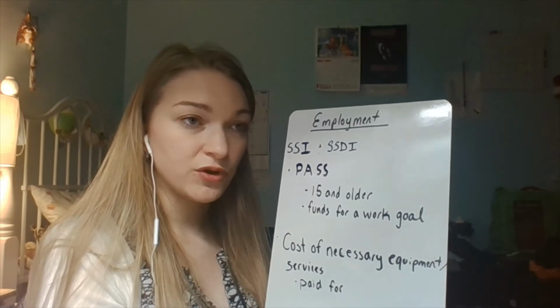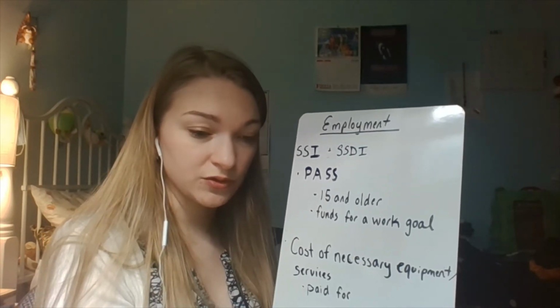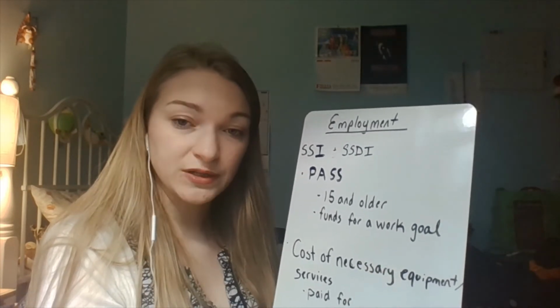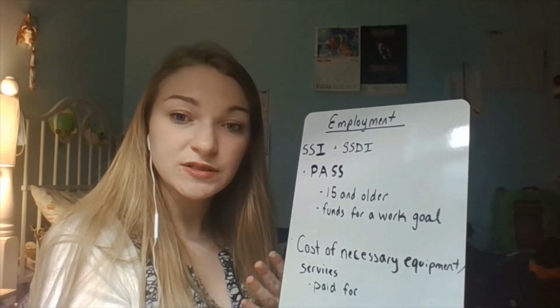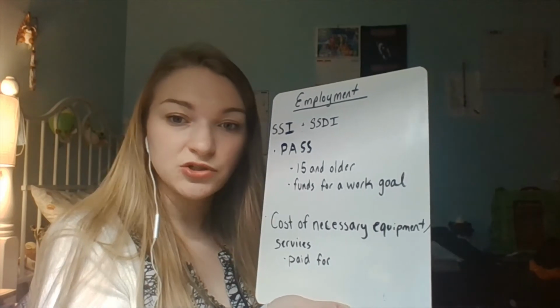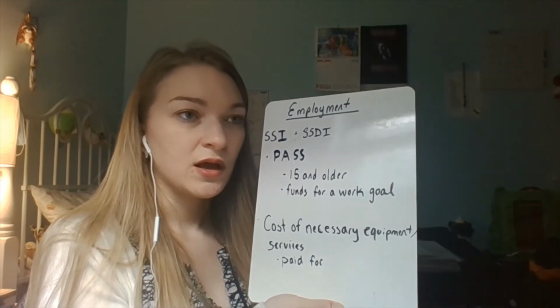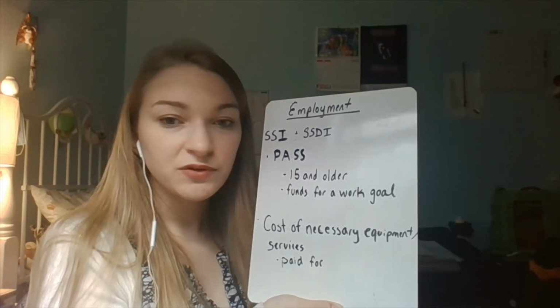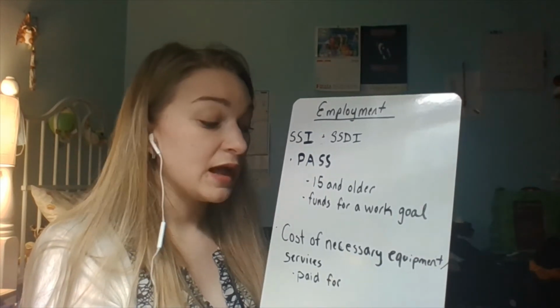So if you know that you want to work in a grocery store, they help you brainstorm what are the resources that they would need to work in this place. Do they need a job coach? Do they need adaptive equipment? And they help pay for that.